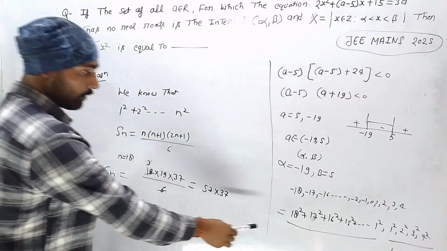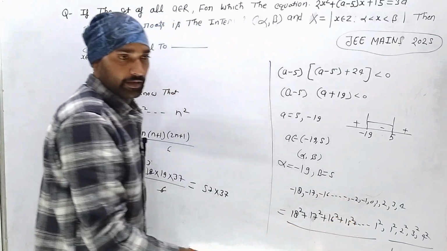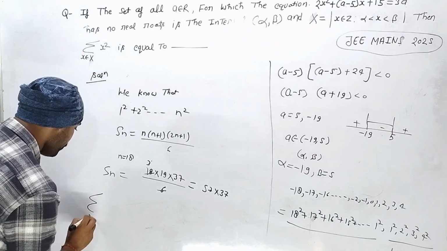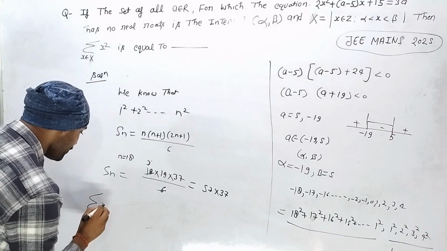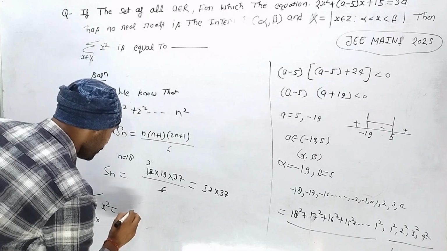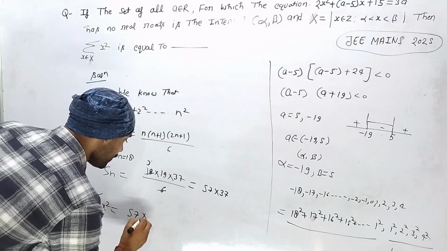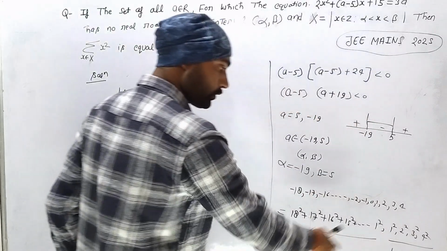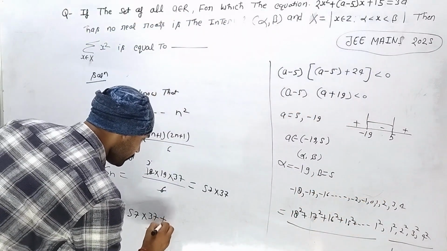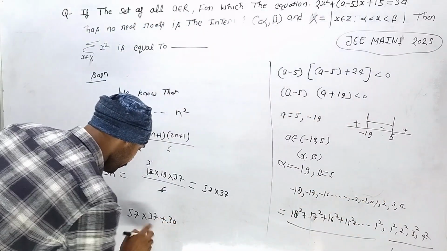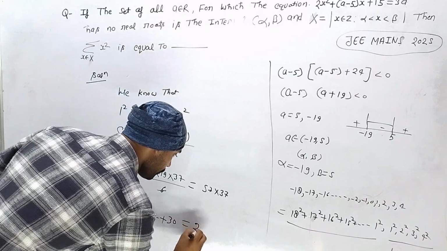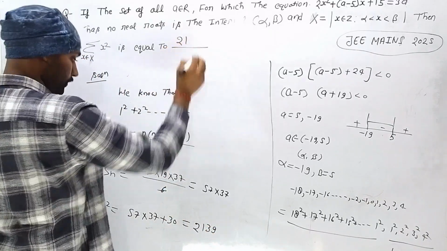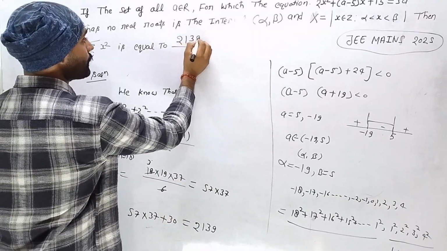It is the sum of 1 to 18 squares. And also adding for all x square: 57 times 37, and already we got the sum 1 to 4, which is 30. If we add and put it up, 2139 is the answer.